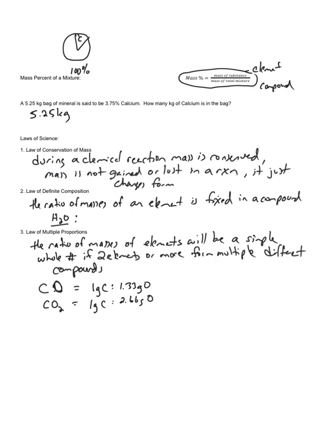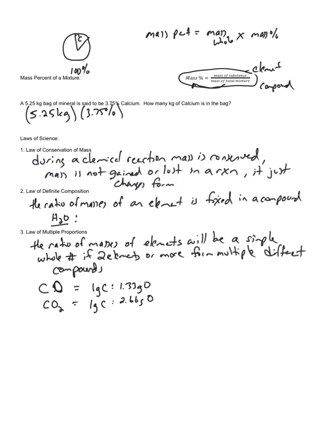If I rearrange this equation, for the mass of the part, I would move the mass of the total over, and with algebra, we'd multiply. So what I need is the mass of the whole times the mass percent. So 5.25 kilograms times 3.75%.